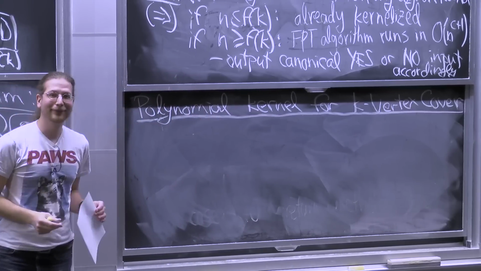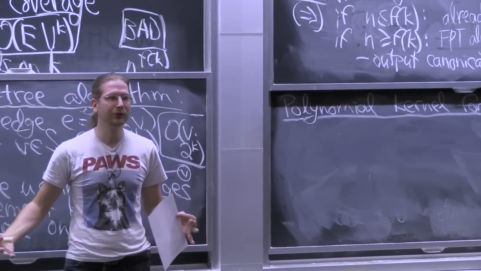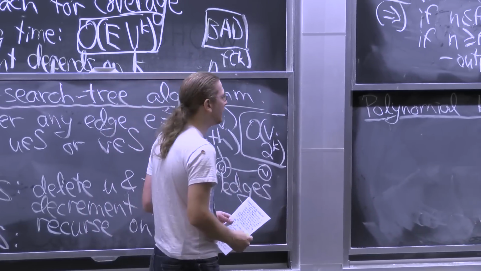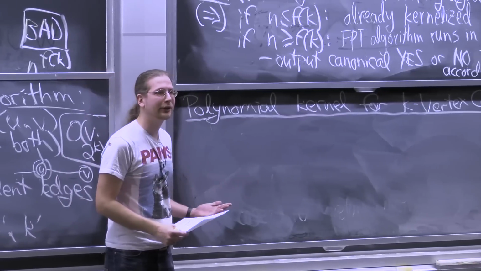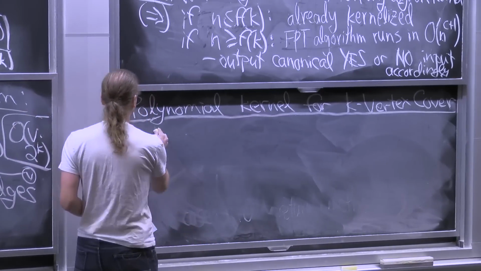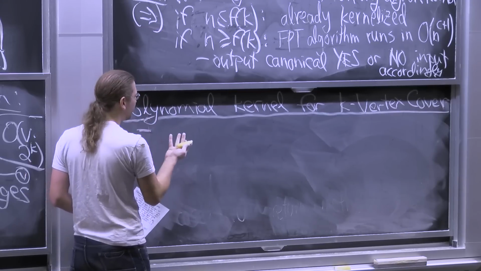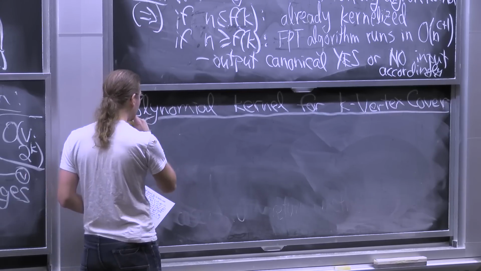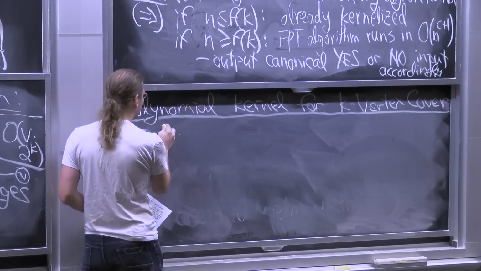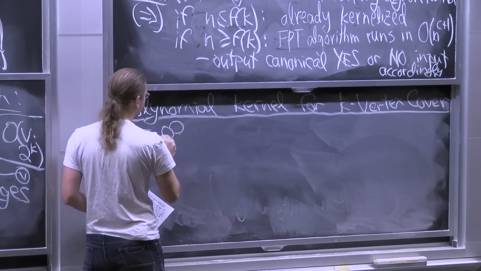These are hard to find. And there's a whole research industry for finding polynomial kernels. So I'm going to give you some methods, but they're specific to vertex cover. So here's the first thing. This is hard to draw.